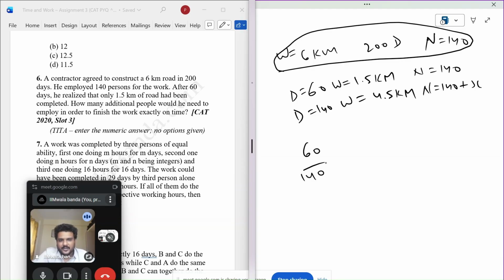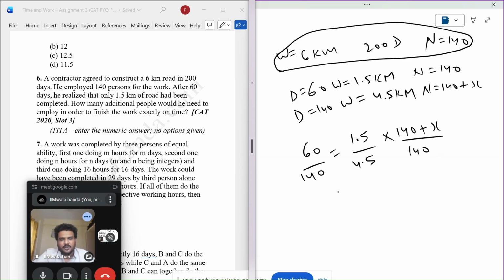The days taken in the two situations will be directly proportional to the amount of work, because more the work, more the number of days, and inversely proportional to the number of men. So if the number of men is more, the days taken will be less. So this will actually be 140 plus x upon 140, and not 140 upon 140 plus x.